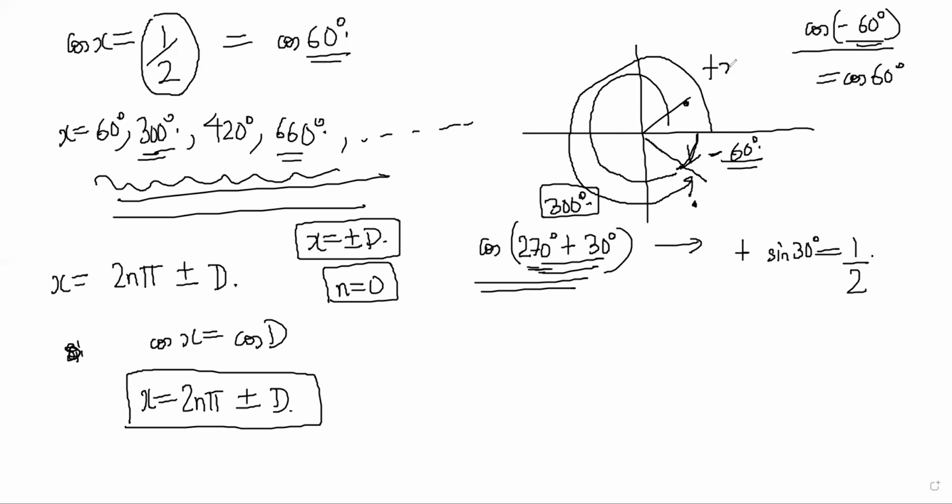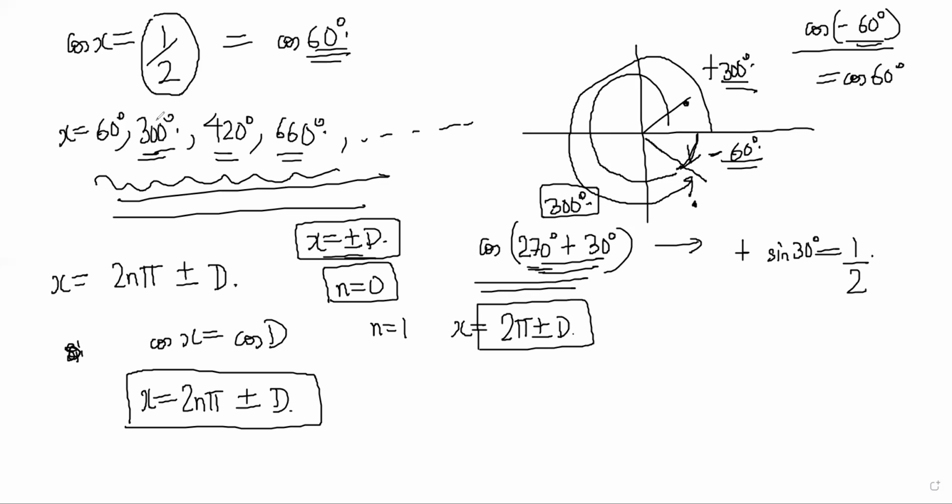So cos of minus 60 will be the same as cos of 300, which is half, right? So x is equal to plus minus d comes when you put n is equal to 0. And if I put n is equal to 1, what do you get? X is equal to 2 pi plus minus d, right? Now notice here d was 60 degree. So 2 pi minus 60 is 300, 2 pi plus 60 is 420, right?